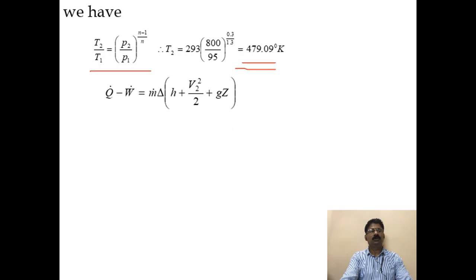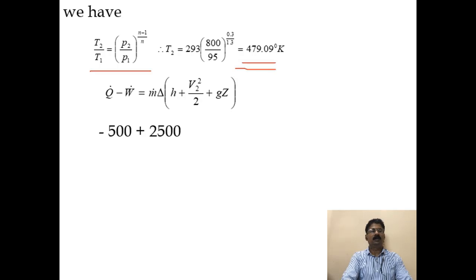Now you write the steady flow energy equation. Q dot minus W is equal to m dot into delta H plus delta KE plus delta P, but I have written it in some other form, delta outside, inside H plus V2 square by 2 plus GZ.